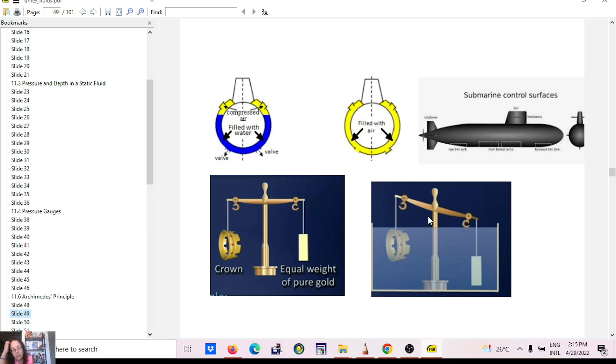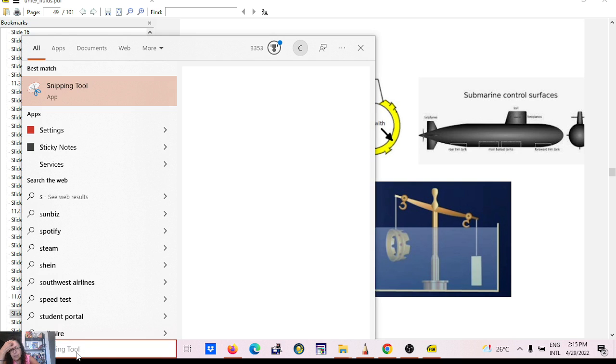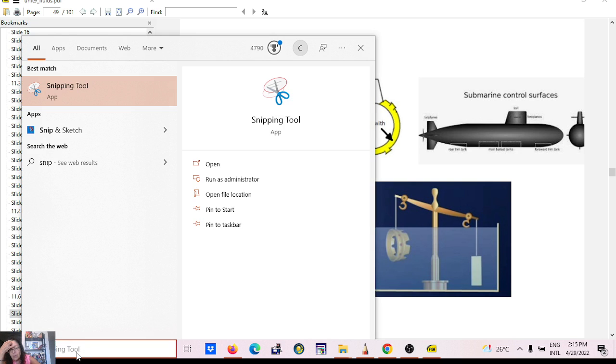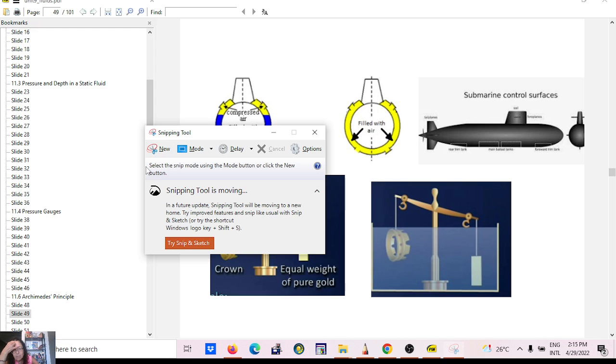Okay, so the whole story with Archimedes was the story with the crown and the gold. The story goes that there was a king. I don't know which king, you can Google it.